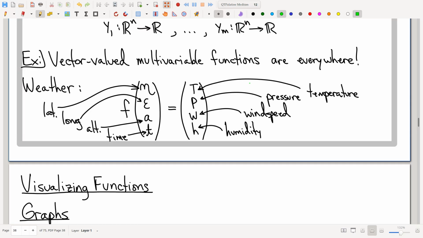Barometric pressure is important for understanding certain things about rain and stuff like that. Wind speed, obviously. So there's a lot to say. You get a lot of outputs for a corresponding lot of inputs. This is a vector valued multivariable function. Does that make sense to everybody? So don't think of this class as being about abstruse stuff that only appears in sophisticated circumstances. Not so.